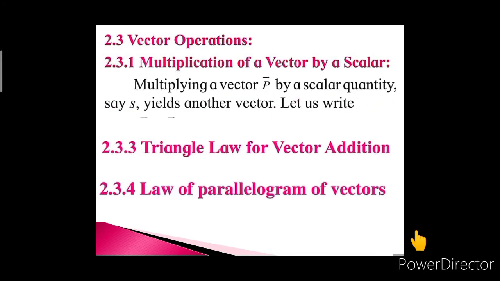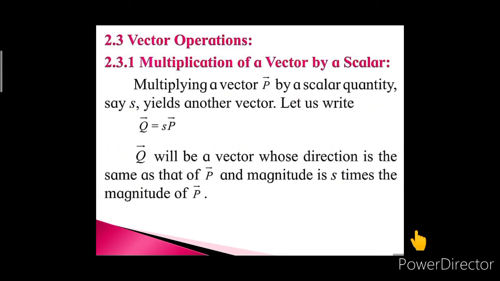Now let's see the first vector operation, that is multiplication of a vector by a scalar quantity. When we multiply a vector by a scalar quantity, the result we get is another vector.